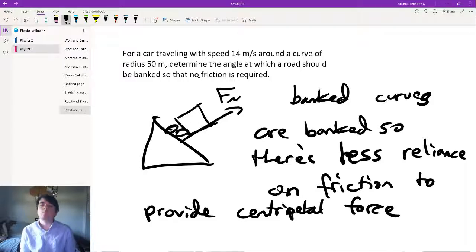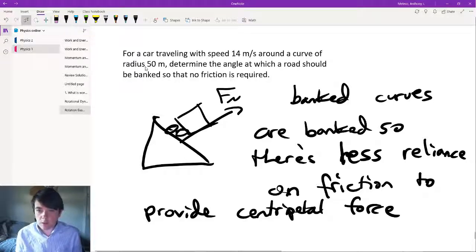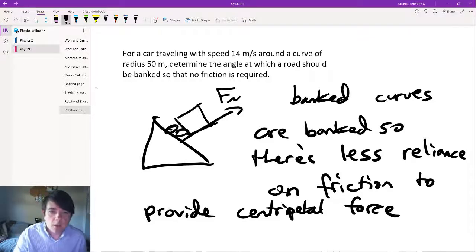Okay. So they're like this just so you don't have to fully rely on friction to basically be able to go around a corner, right? So if there's ice, maybe you won't go skating.